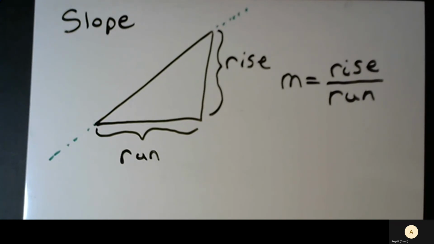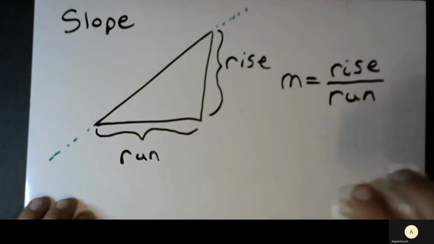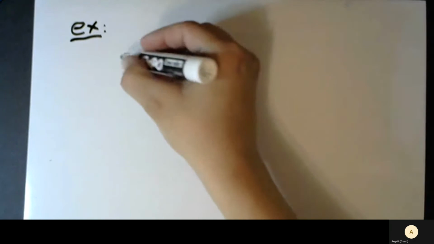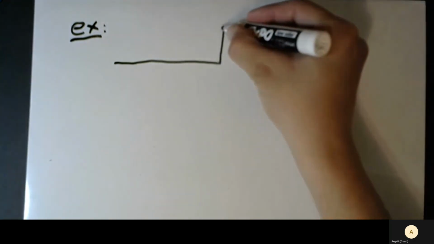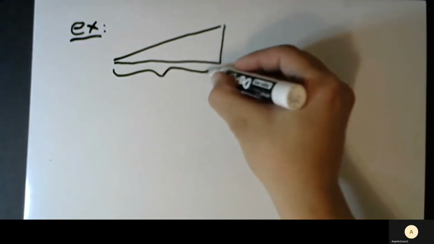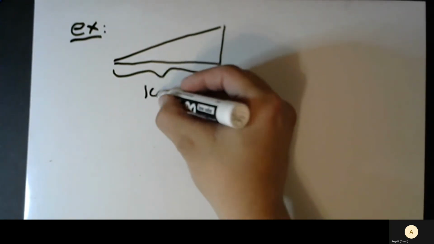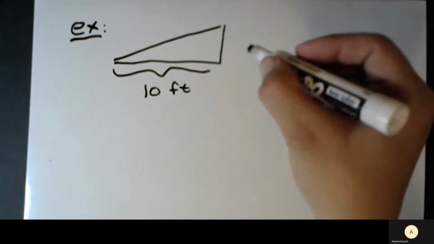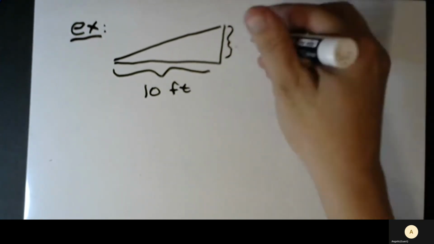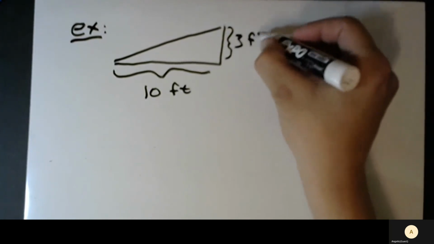So let me give you some examples, not so much with lines, but with skateboard ramps. And if not skateboard ramps, bike ramps. So let's say you have something like this, and you have a run of, say, 10 feet and a rise of 3 feet.